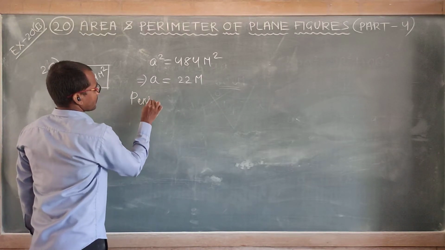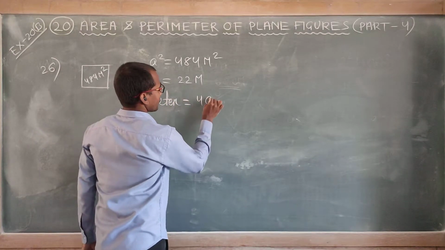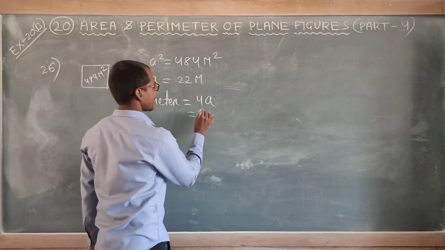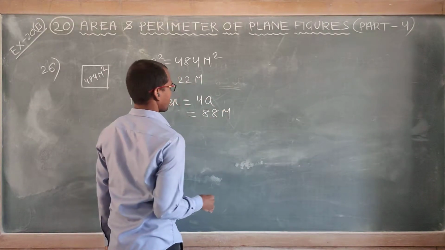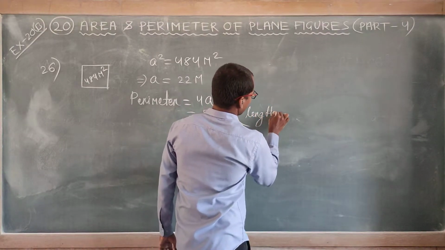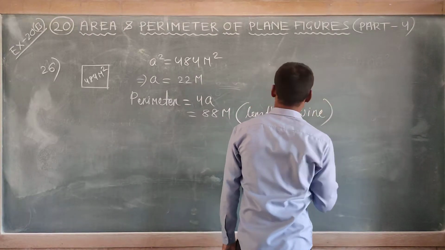Perimeter is equal to, since it is a square, 4 into 22, that is 88 meter. And this is the length of the wire.